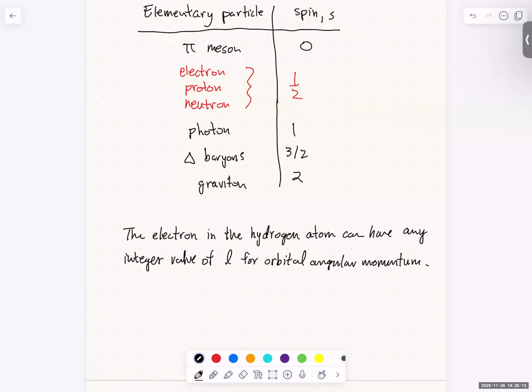Okay, so we had these states where L could be 0 or 1 or 2 or 3 and so on. And we called those different orbitals. In contrast, S is fixed. So for electrons, S is equal to 1/2, and it doesn't change.